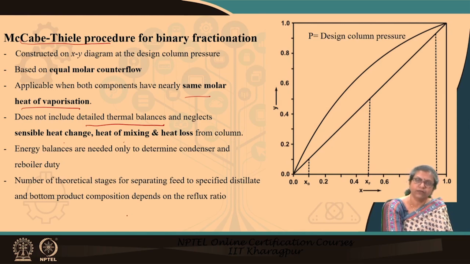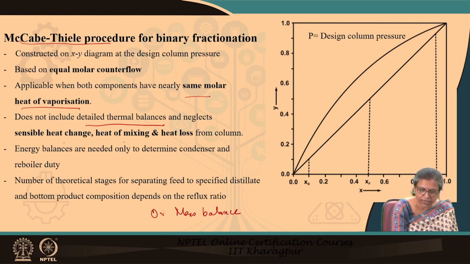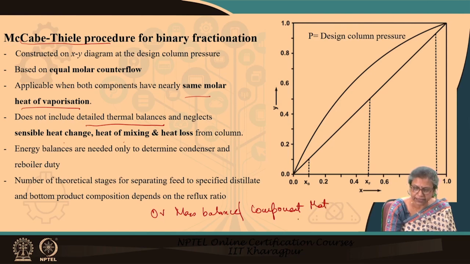So this procedure does not include energy balance; it just includes the mass balance, the overall mass balance as well as the component material balance. Just on these two, the entire process is based.